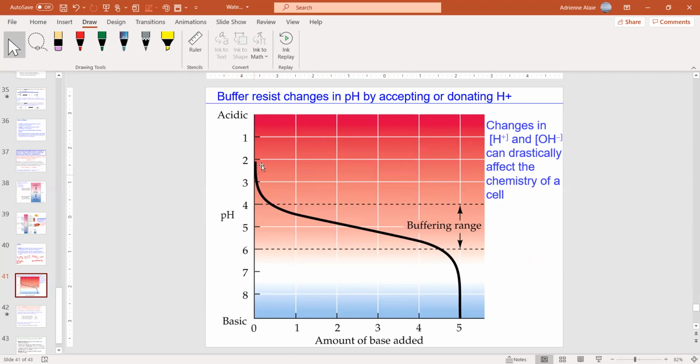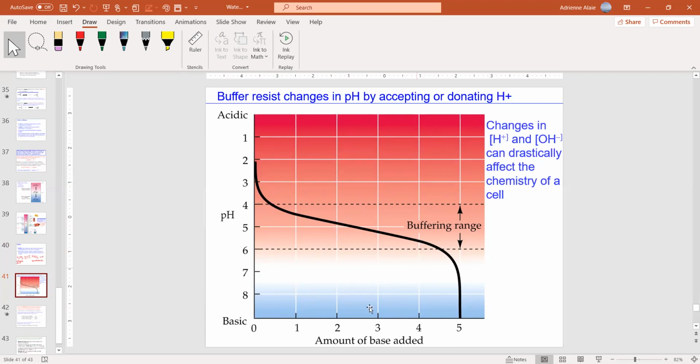So if you start out at this acidic pH of 2, let's say, and you add just a little bit of base, notice how the pH drastically changes, right? The number goes up because the solution is becoming more basic because you added base. So for just a little bit of base added, you get a big change in pH. You go from basically 2 to 4.